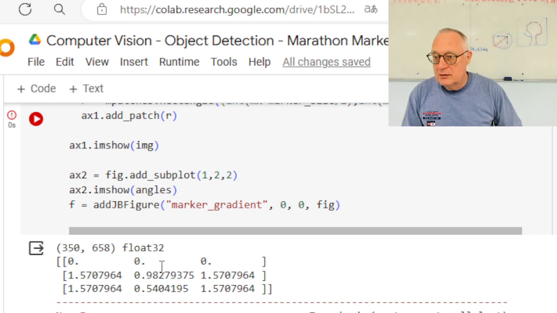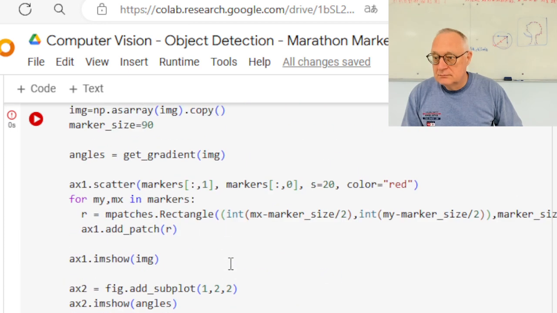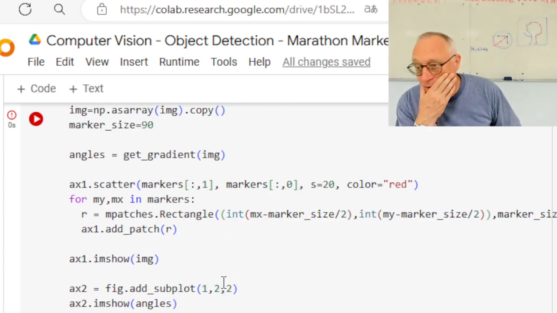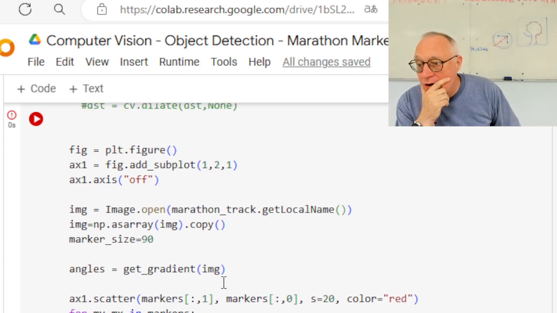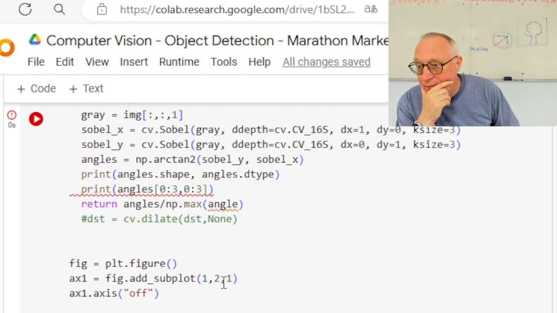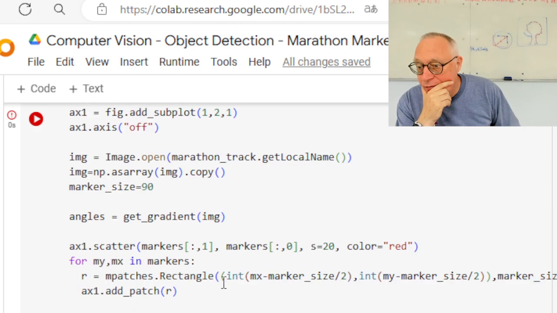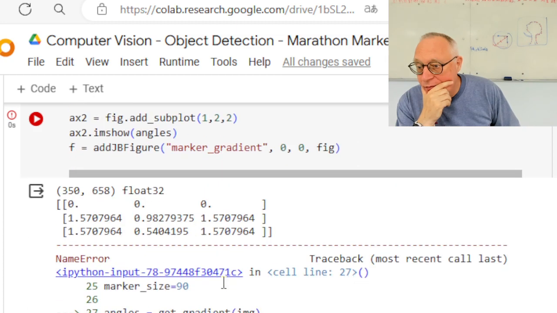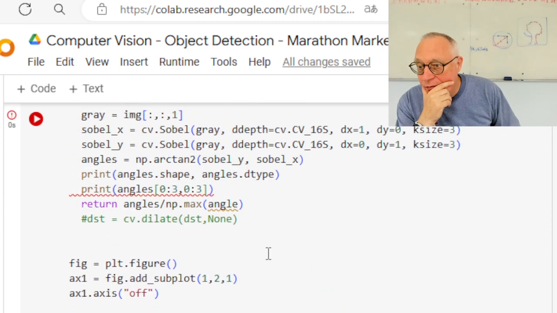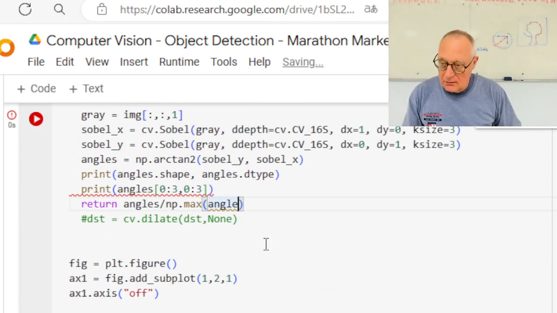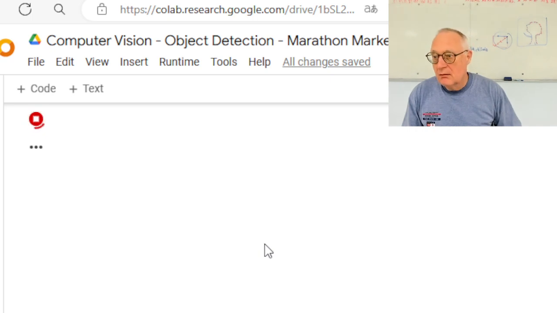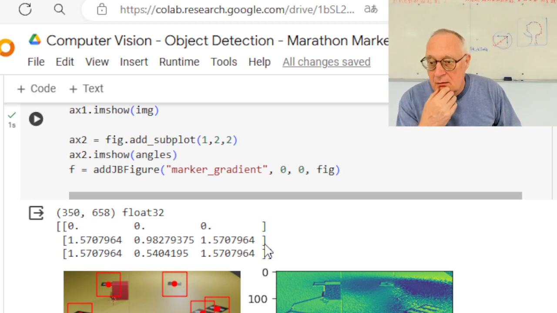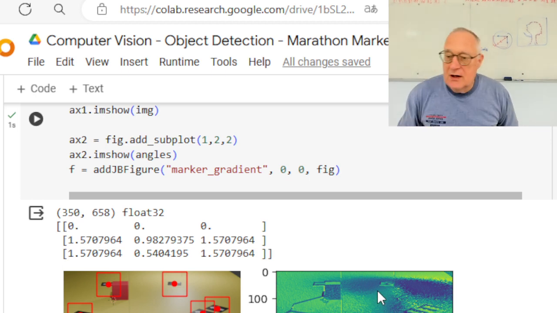Float 32, yeah. Okay, and so here we have the output.